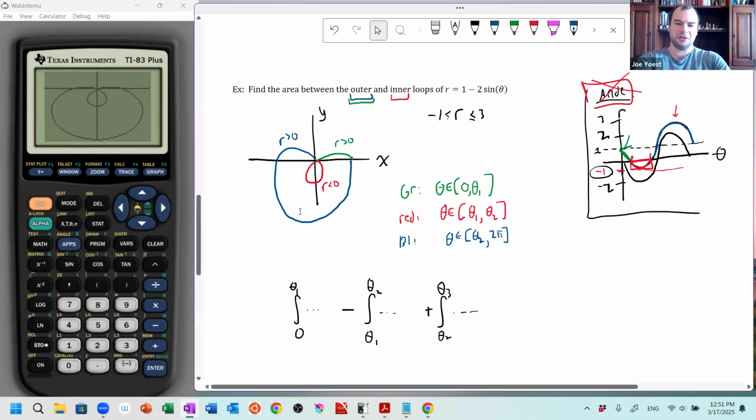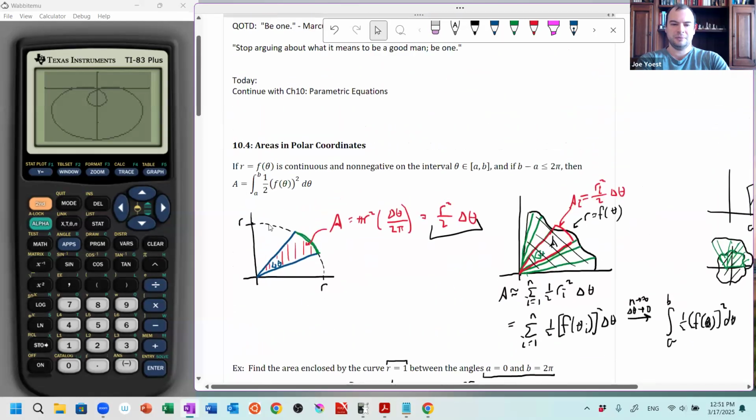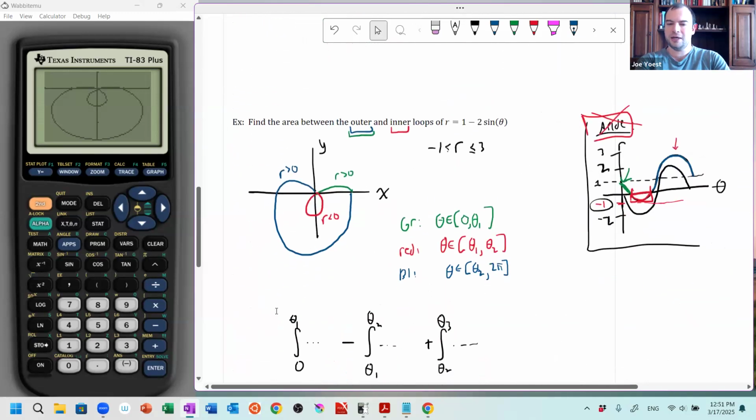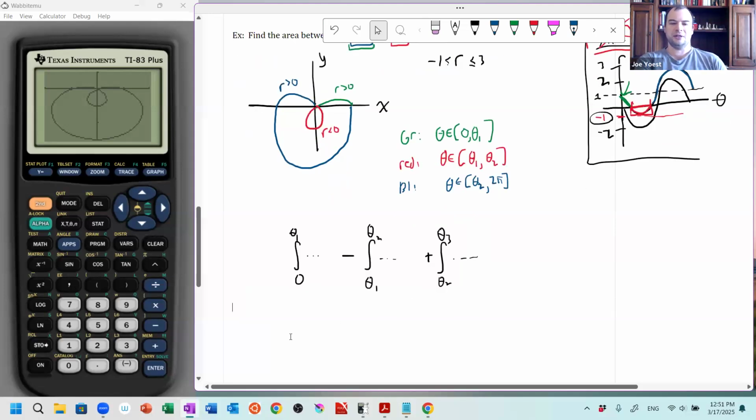And actually, the stuff is going to be the same in all of them, because what I'm going to be integrating is r squared, or f of theta squared. The plus or minus sign is going to go away. So I really am going to have the same integrand in all of these.